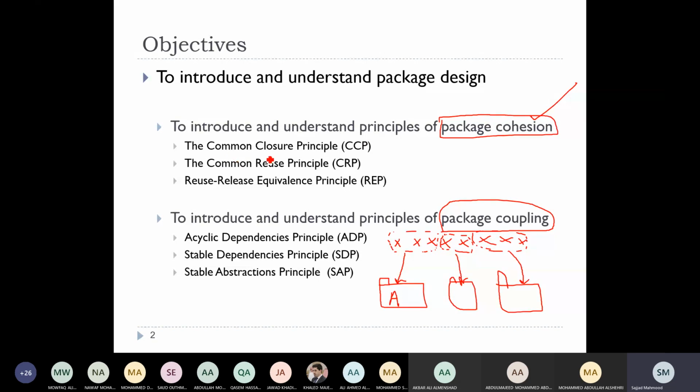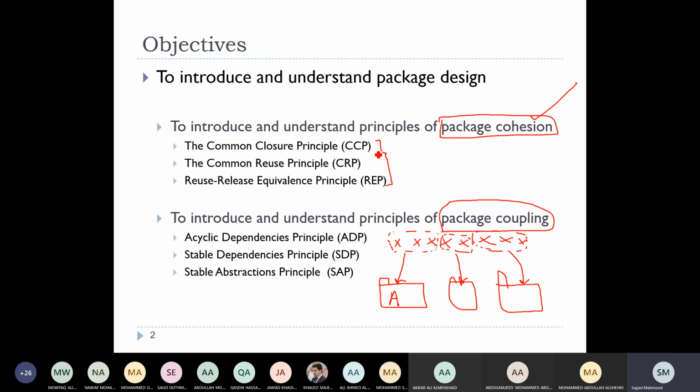Principle number one was the common closure principle, which means that classes that change together you put together in one package. The other one was the common reuse principle, which was about putting classes together in one package because you tend to reuse them together.